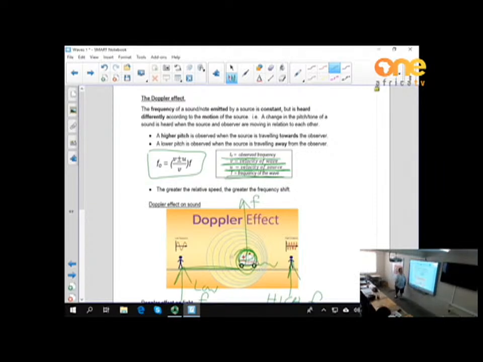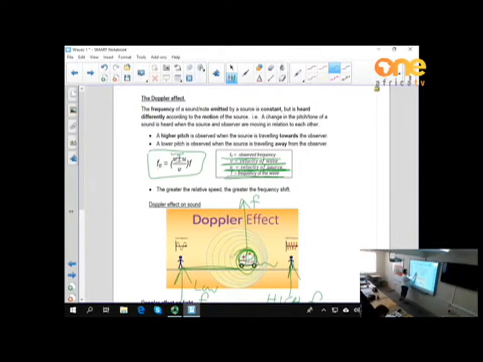If you put this into a formula, the observed frequency that we hear is going to be the speed of the wave, in other words, for sound, 340 meters per second, plus or minus the speed of the source. This is the ambulance, its speed, if it's traveling at 10 meters per second, for argument's sake.